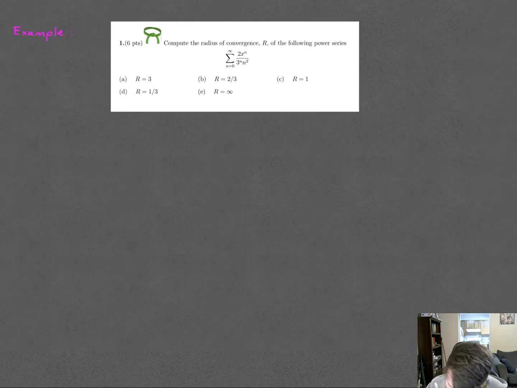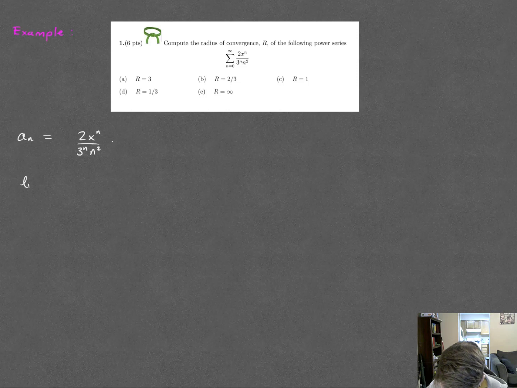So this is the example: 2 x to the n over 3 to the n times n squared. So let's dive into the ratio test.